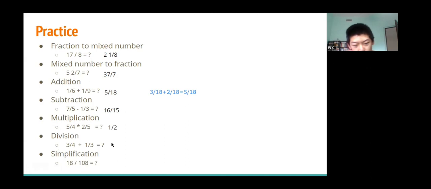Division, you end up with 3/4 times 3 over 1, it's 9/4. With simplification, you first divide by 2, you get 9 over 54. Then you end up with 3 over 18 equals 1/6.